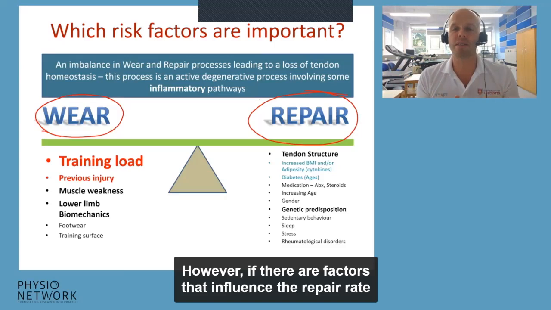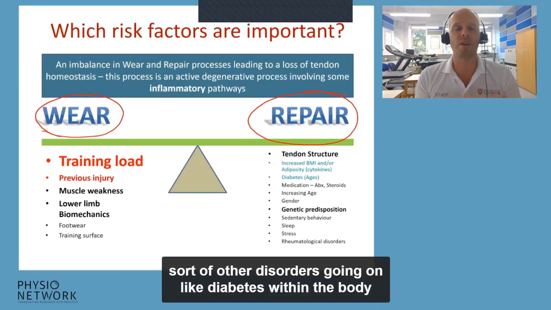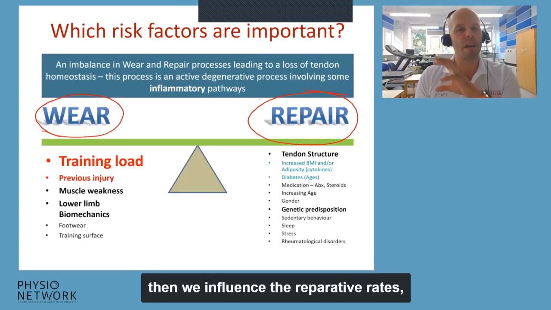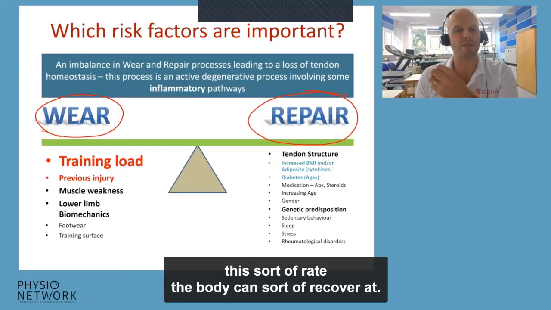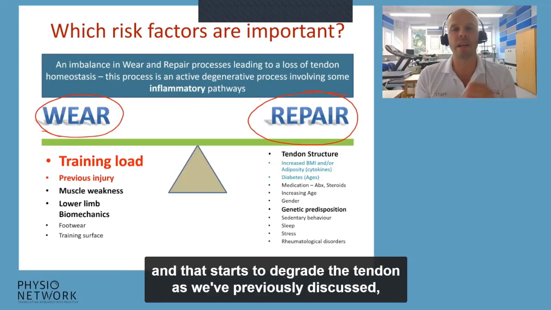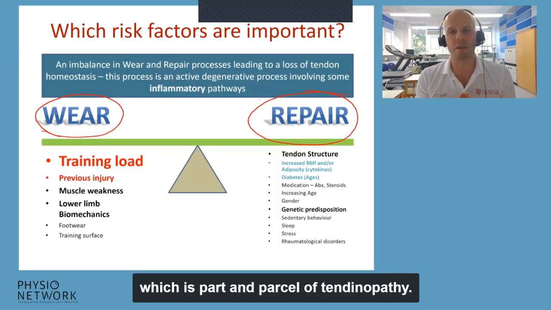However, if there are factors that influence the repair rate, so genetics, adiposity, certain other disorders going on like diabetes within the body, or hormonal changes linked to menopause in women, then we influence the reparative rates, the rate the body can recover at. And we sometimes see the scales tilted to more wear occurring, and that starts to degrade the tendon, as we've previously discussed, and that degradation itself is what leads to structural changes, which is part and parcel of tendinopathy.